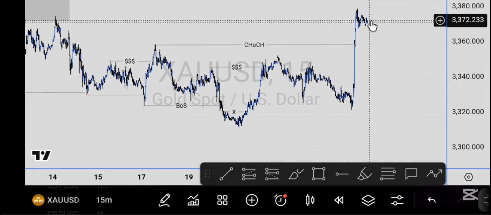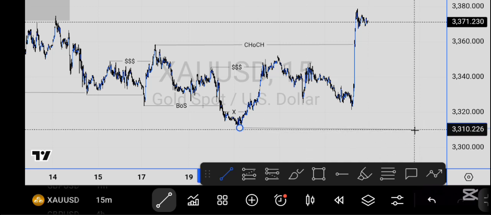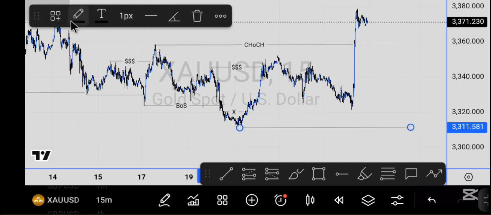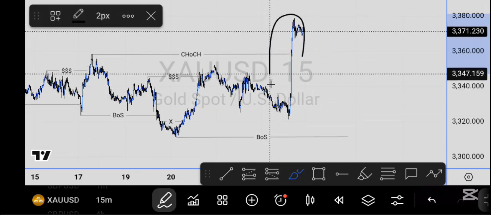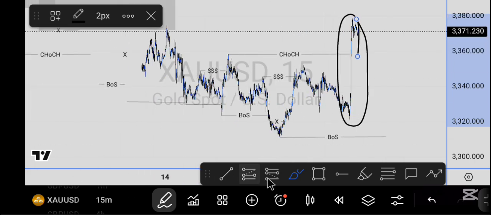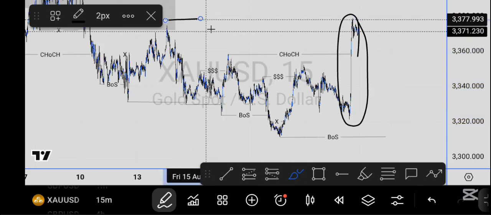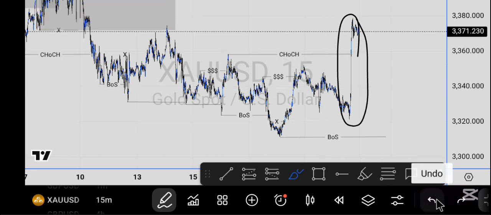Price can just continue to go down and come to take out this low again, giving us another break of structure. That will mean that all this move right here is just a pump in price to take out a lot of sellers, to take out liquidity from all these highs. I hope you understand what I'm trying to say.